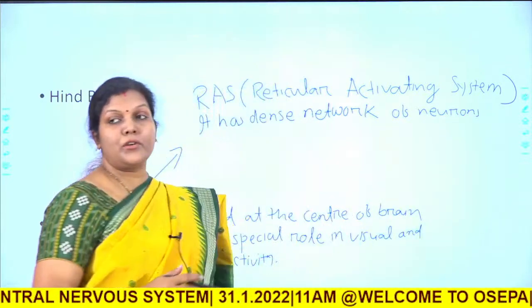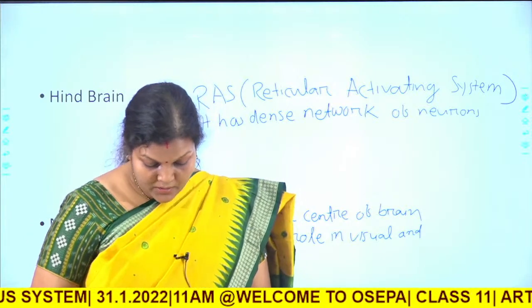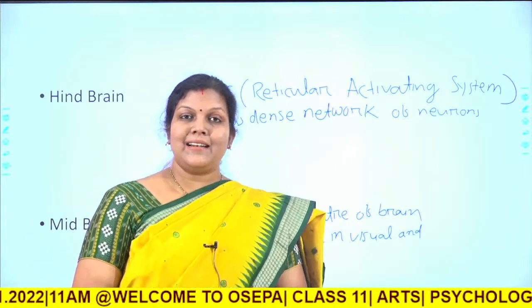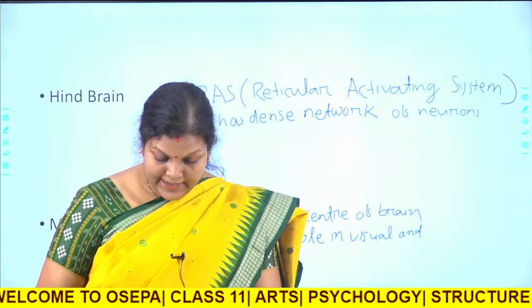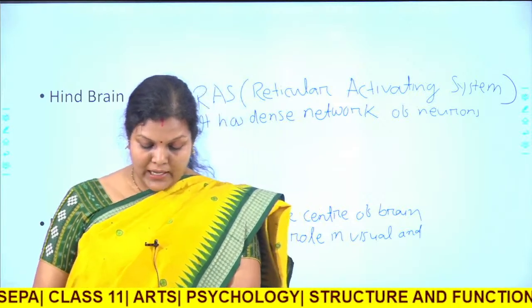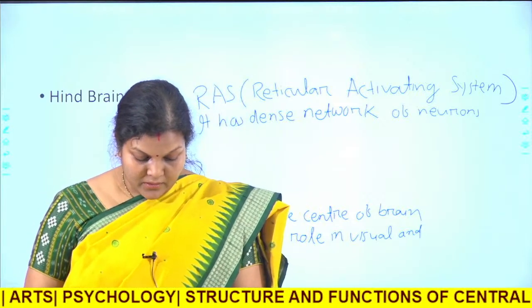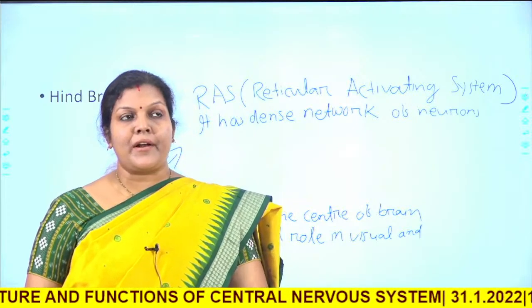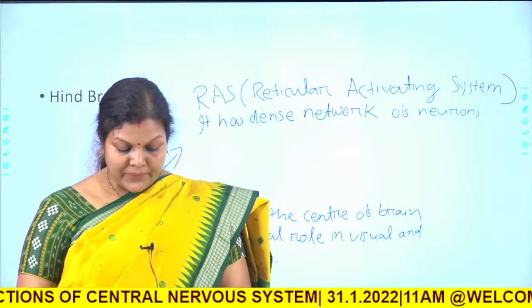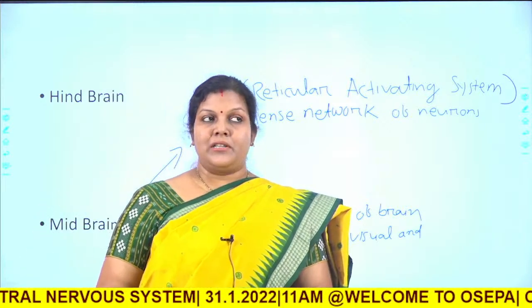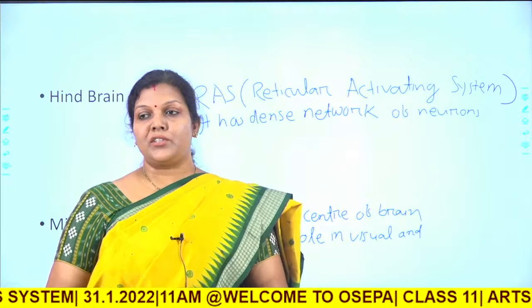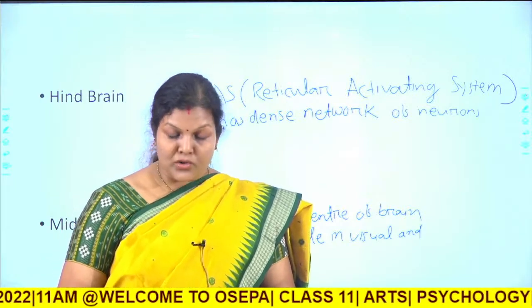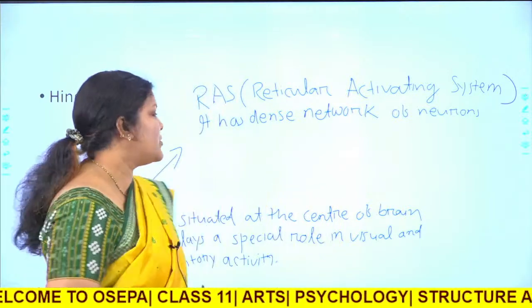Let's talk about its locations. RAS originates in the hindbrain and extends into the hypothalamus and thalamus, and its vital functions include shifting of attention, arousal, sleep, activity. One important feature is that damage to RAS can cause coma.